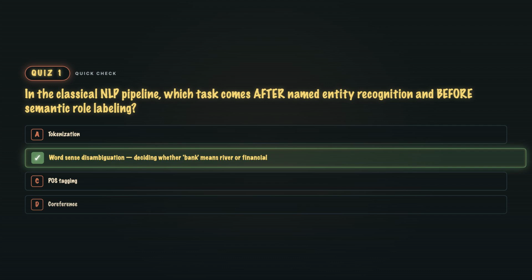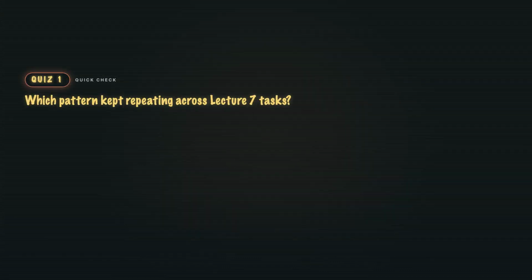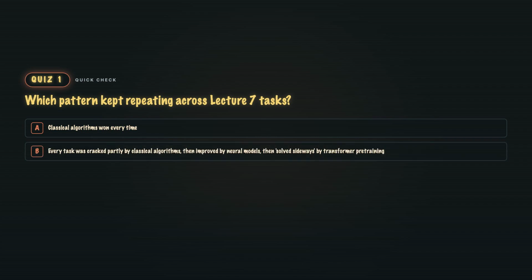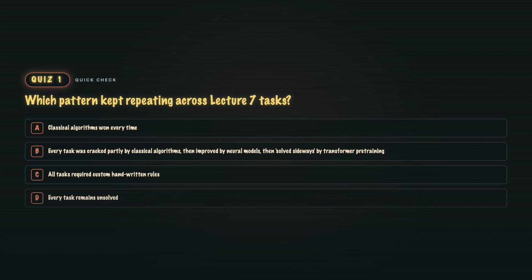Quiz 2. Which pattern kept repeating across Lecture 7 tasks? A, classical algorithms won every time. B, every task was cracked partly by classical algorithms, then improved by neural models, then solved sideways by transformer pre-training. C, all tasks required custom handwritten rules. Or D, every task remains unsolved.